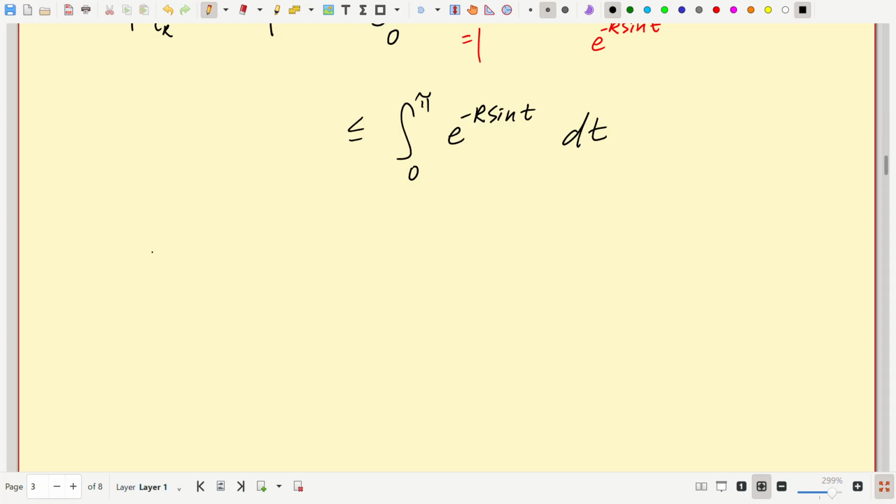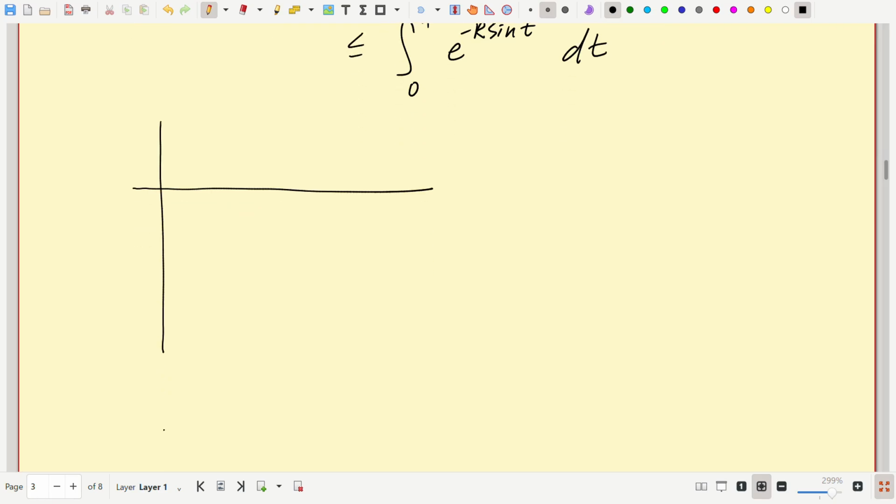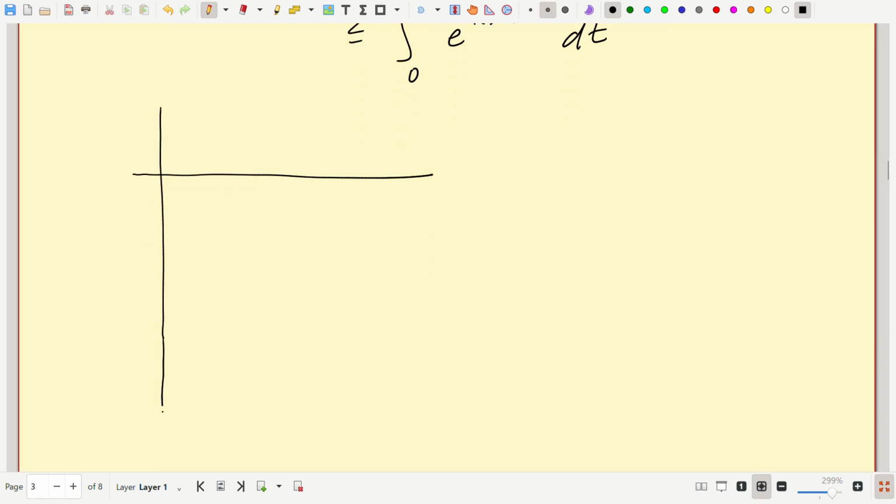Okay, so the picture is I've got the sine function. I'll graph the sine function going from 0 to pi.